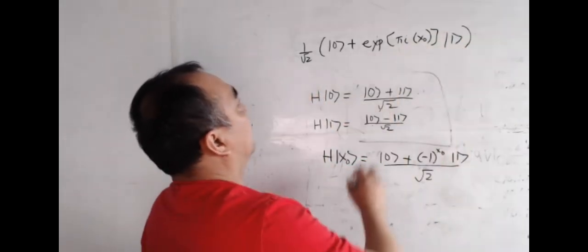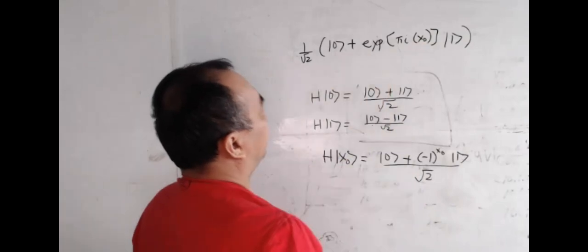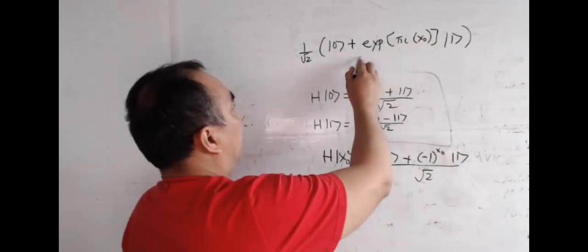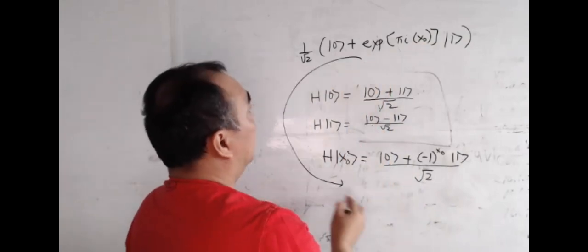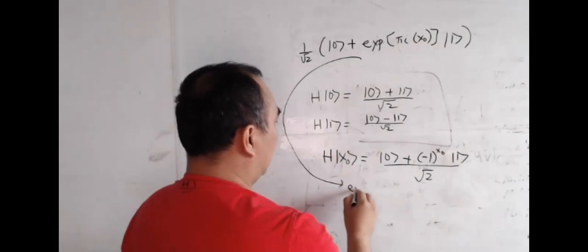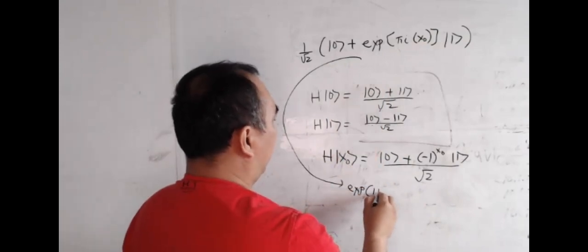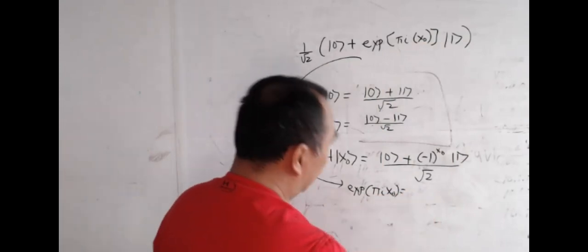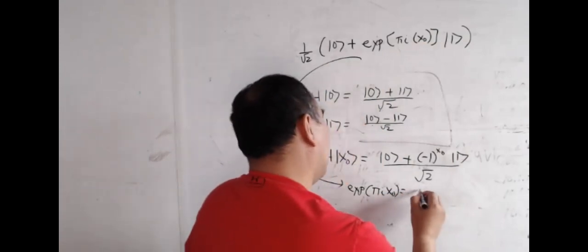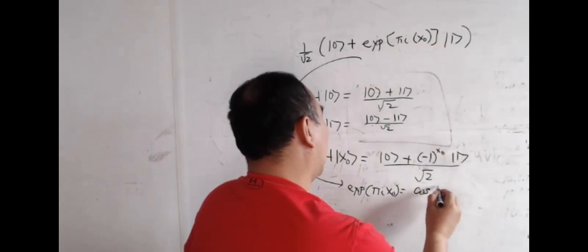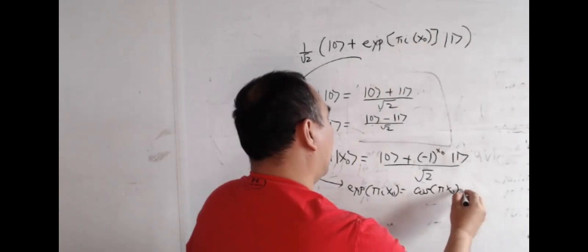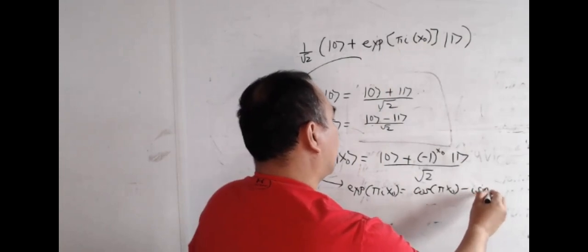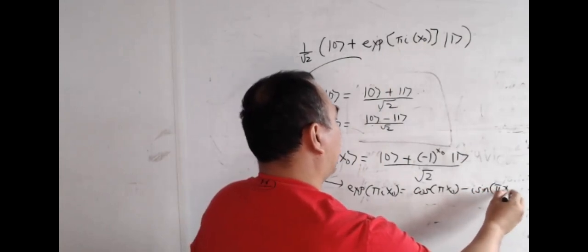Now this exponential, according to Euler's formula, is nothing but cosine of pi x0 minus i sine of pi x0.